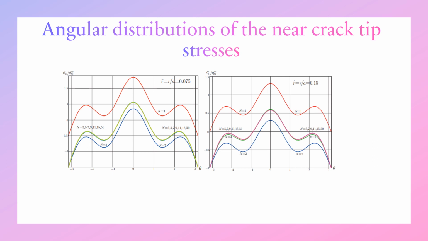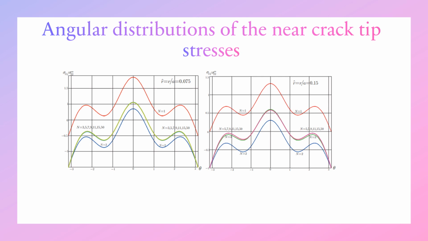Here you can see angular distributions of the near crack tip stresses. The red line shows the one-term Williams asymptotic presentation of the stress tensor component sigma 11 at this distance from the crack tip. The blue line shows the two-term asymptotic expansion, whereas the green line shows the three-term asymptotic expansion.